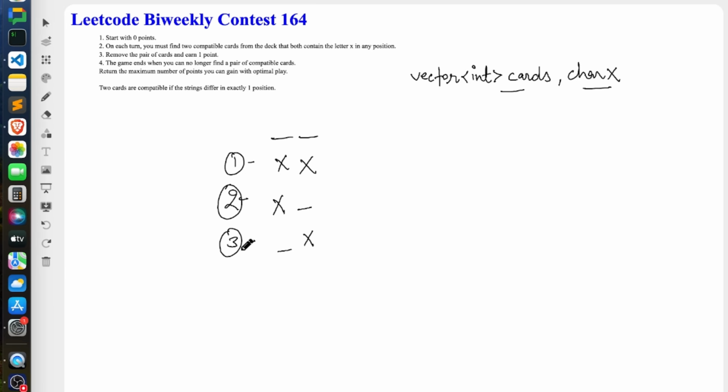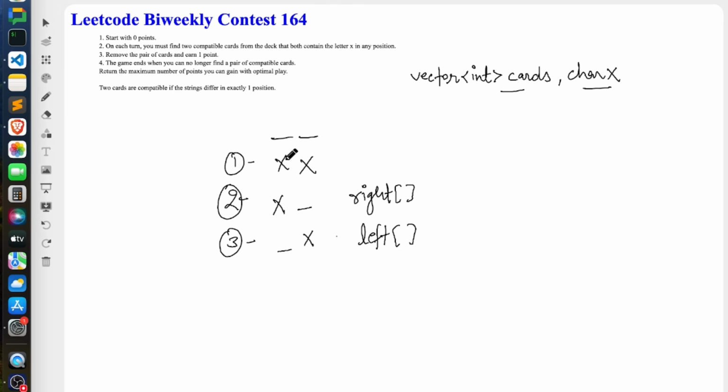Let's say we store the frequency of the third type in something called a left array, and the frequency of the second type in something called a right array.